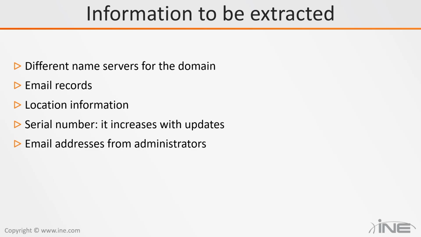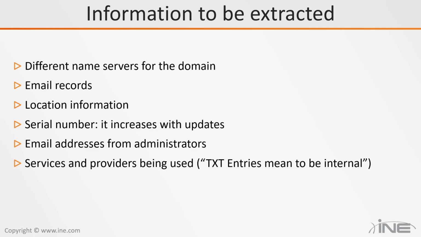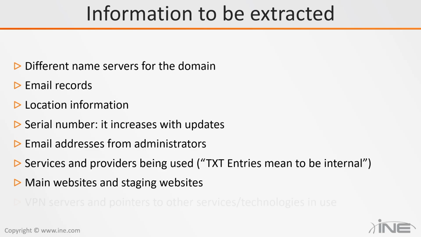You can extract email addresses from administrators, and services and providers that are being used. A TXT entry, for example, is meant to be internal, just an annotation, but you can view it with zone transfer. You can see the main website and staging websites.